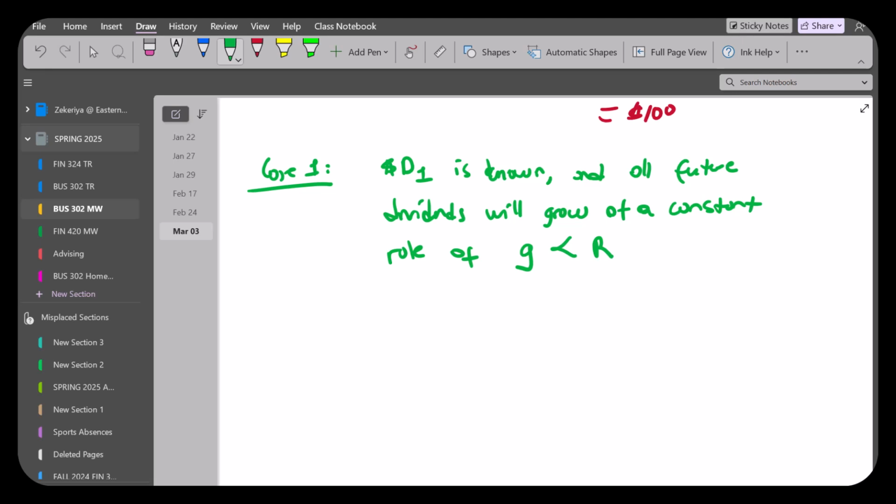The reason is the following. In that case, dividend at year t plus 1 is going to be dividend at year 1 times 1 plus G raised to the power t. It grows at a constant rate.